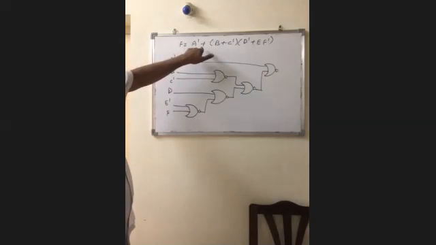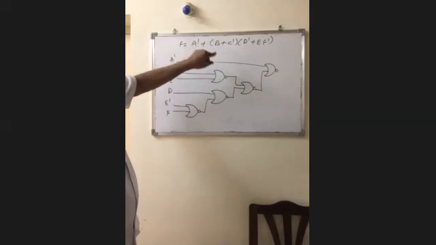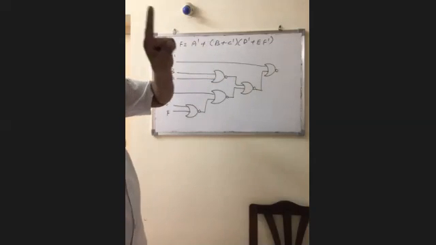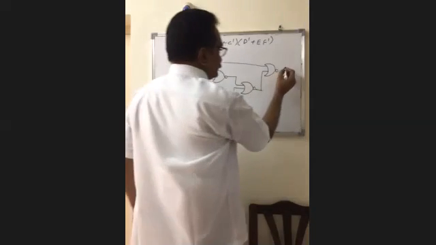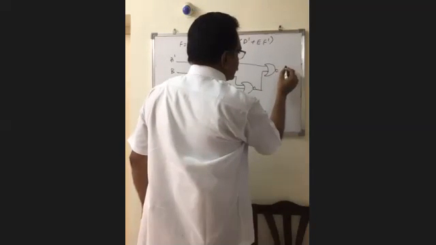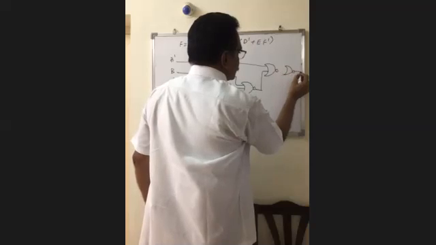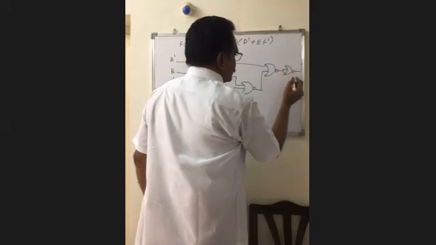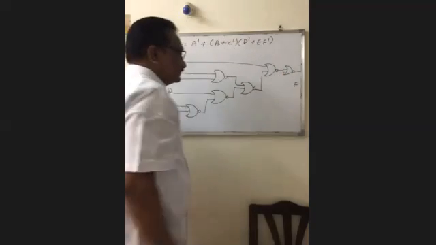And it looks like it is in SOP form. By using NOR, we have to connect a single input NOR in the last level. Observe the final expression F here.